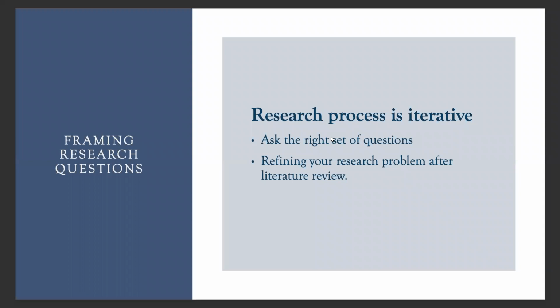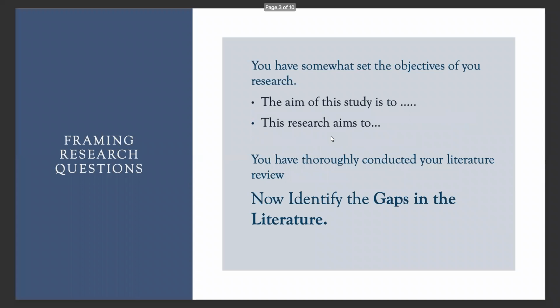Then you can go back to your problem and restate the problem a little bit, because in doing that, you are constantly refining it. And what it leads to is it helps you ask the right set of research questions. So refining your research problem after a literature review would always lead you to the right research question.